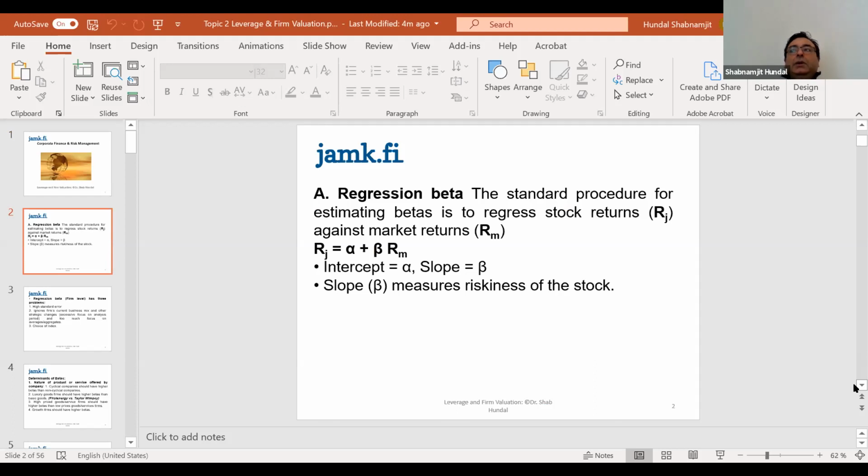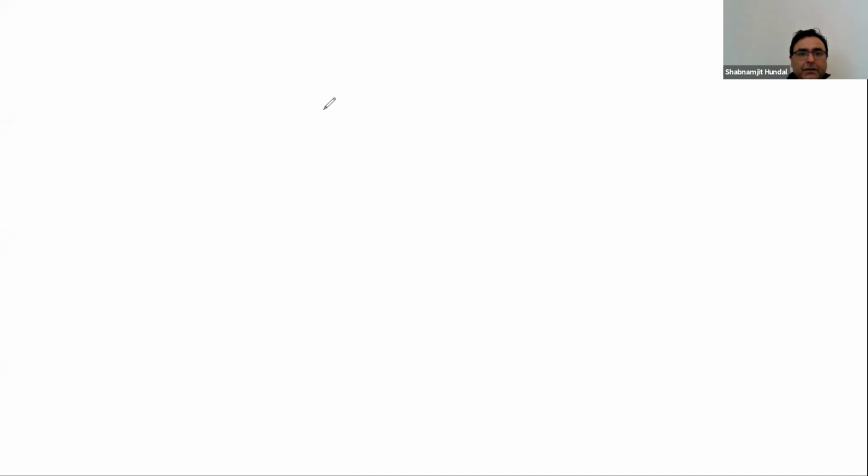In the slope, we discussed that a company's stock return is not an independent variable. It depends on something. If I can quickly draw it, I can use this whiteboard. Maybe you can see it, the blank screen here.